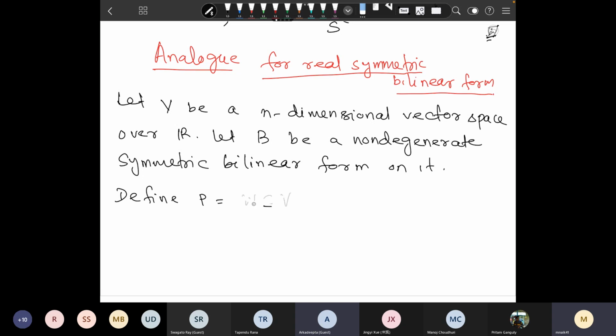Okay. So the maximum of the dimension of W, where W is a subset of V and B restricted to W is positive definite. Okay.